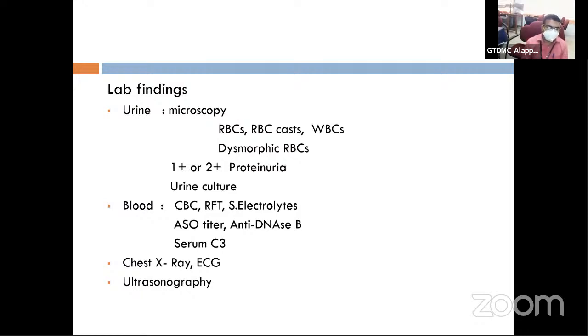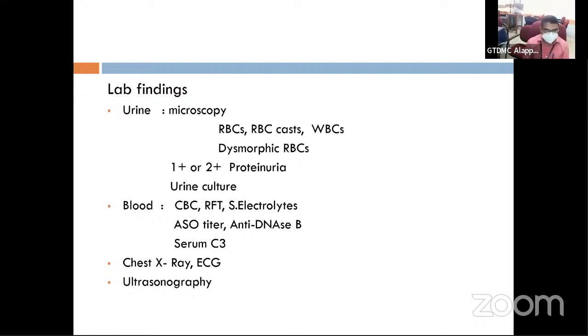To prove evidence of streptococcal infection, you have to do an ASO titer, anti-streptolysin titer, or anti-DNase B titer. Following a sore throat, the ASO titer becomes positive. Following pyoderma, the ASO titer may not be positive because the skin lipids will neutralize the streptolysin antibody.